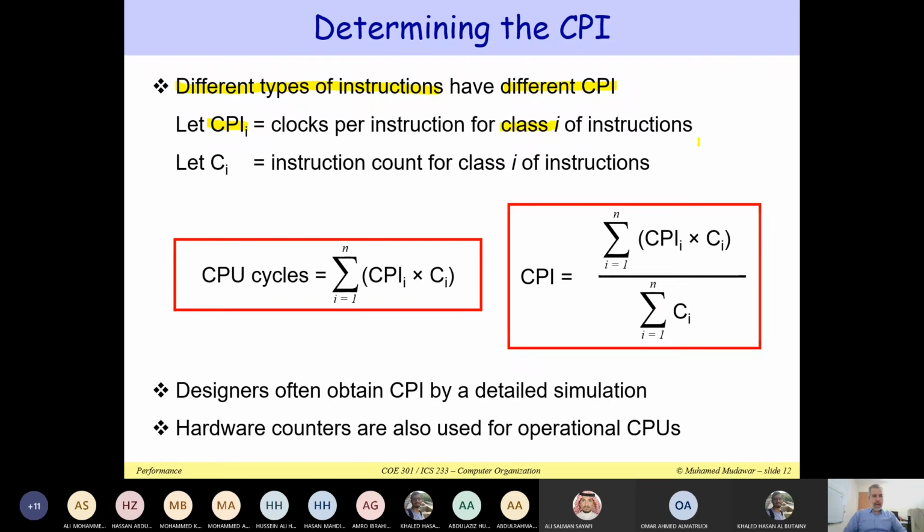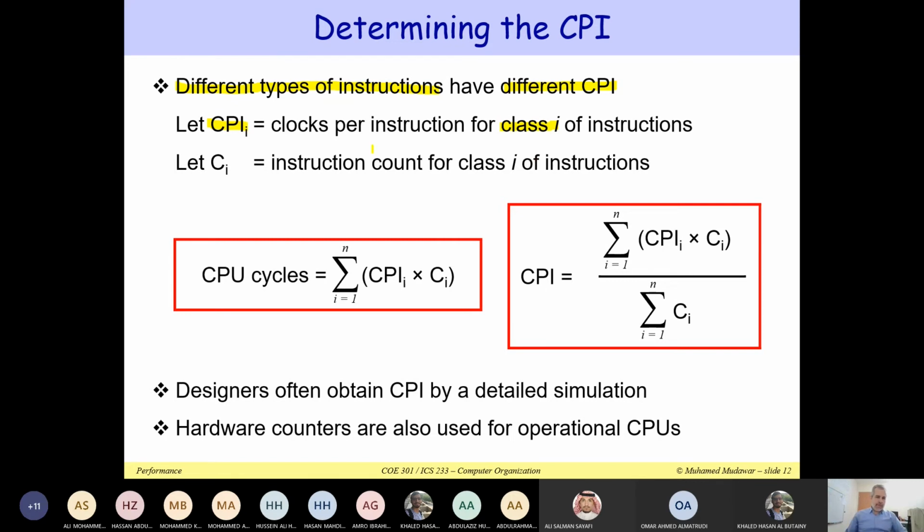For example, I might have one class for all the ALU instructions. I might have a second class for the branch instructions, or for the load instructions, or store instructions, or the floating point, and so on. So we can distinguish between these different classes of instructions based on their CPI.